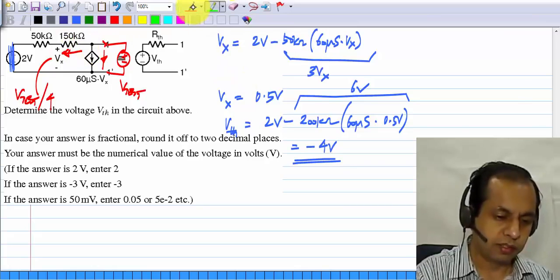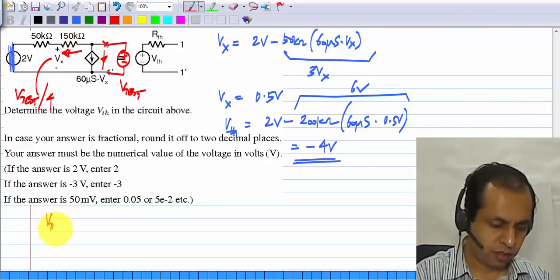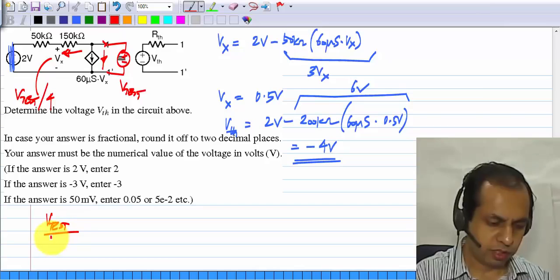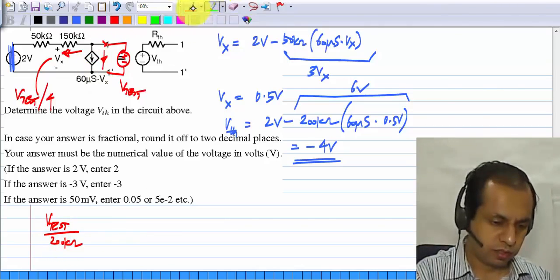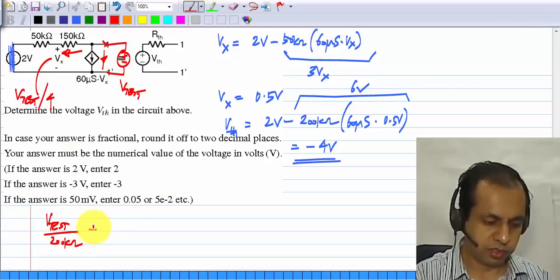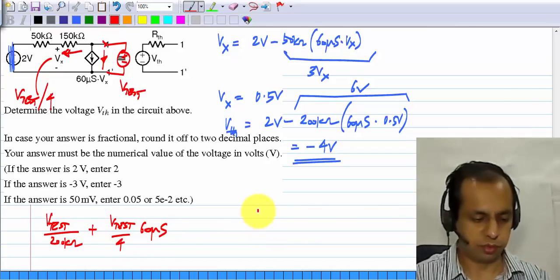So the current here is nothing but V test divided by 200 kilo ohms, and the current here is Vx times 60 microsiemens. So Vx is V test by 4 times 60 microsiemens.